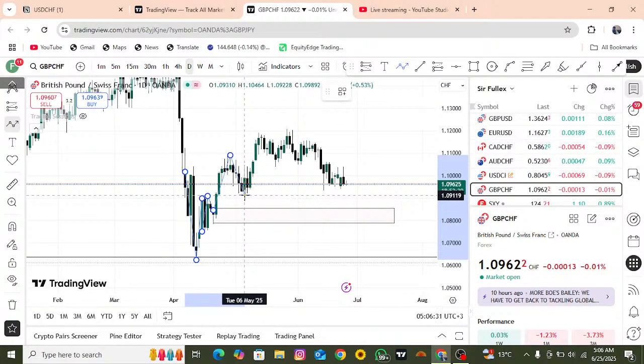I think there's a fair value gap which was about here and here that price filled. Another one is here and here, not filled. We come now back here.